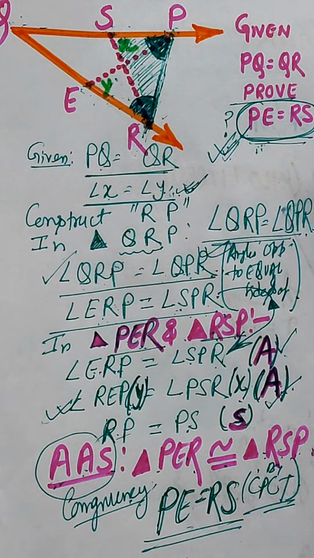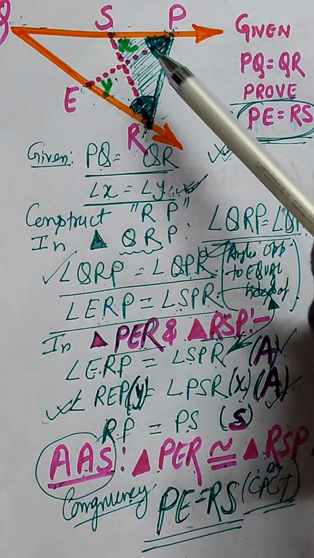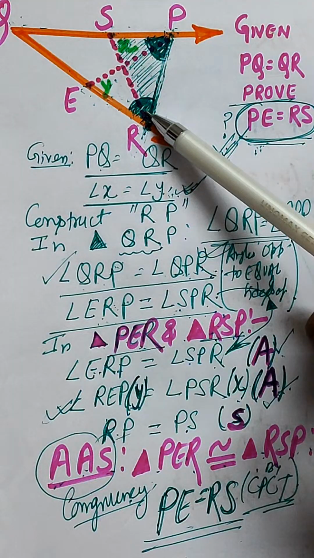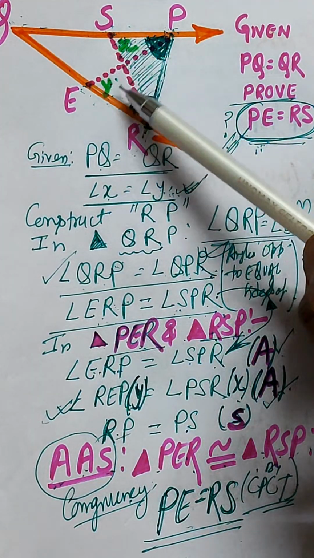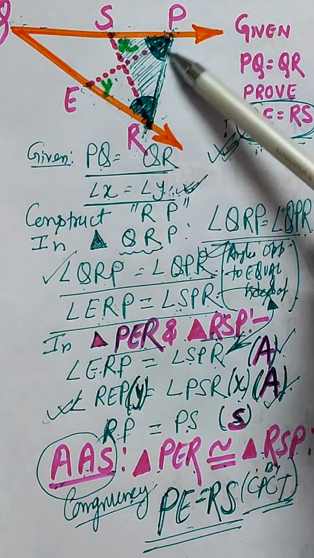So both of these triangles are proved congruent by angle side, because x equal to y, angle P equal to angle R, so two angles of these two triangles are equal, okay, and PR is the common side which is equal.